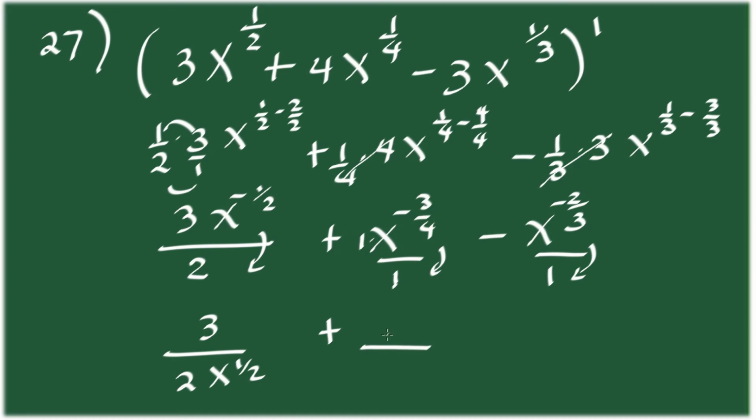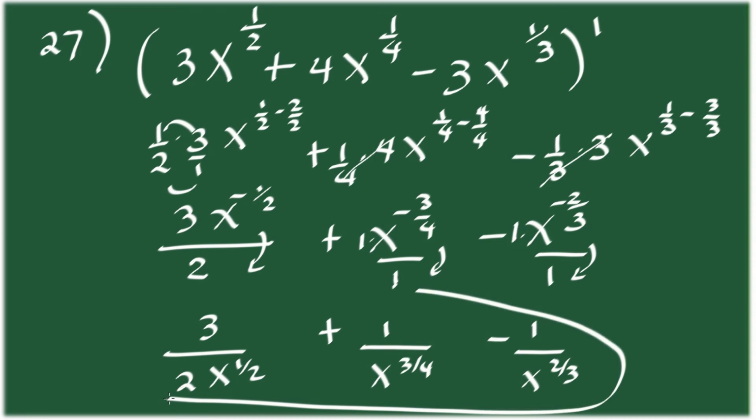So when you move it down, you will have 1 on top, okay? X to the 3/4, minus, same here, times 1, minus 1 over x to the 2/3. Right? So there you go. The derivative of these terms with the rational exponent.